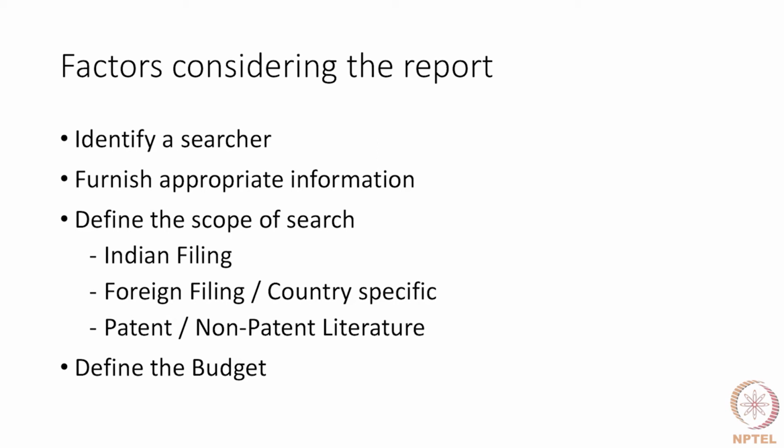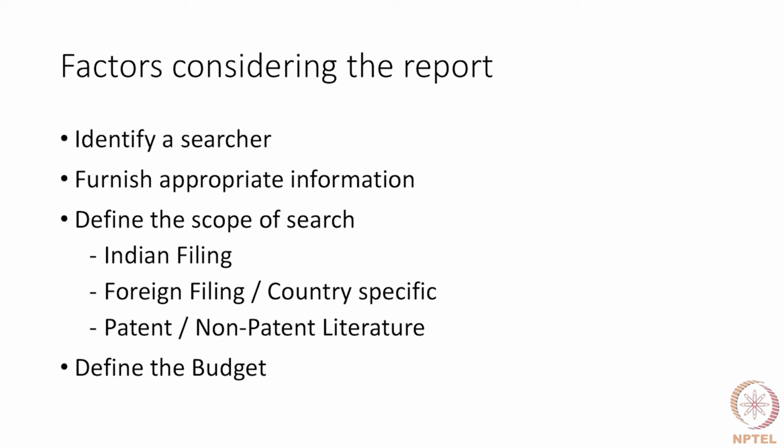The third thing is to describe the scope of the search. Now, if you are filing an Indian patent, then you would normally want the search to cover the Indian patents and also prior art, which could be relevant. Or if your search is particularly to enter a particular jurisdiction, say a foreign filing, then you would stipulate that you need to understand what is the patenting on this invention in that jurisdiction.